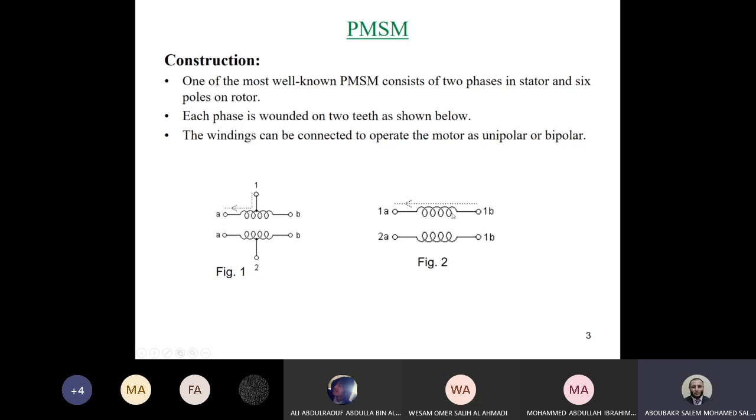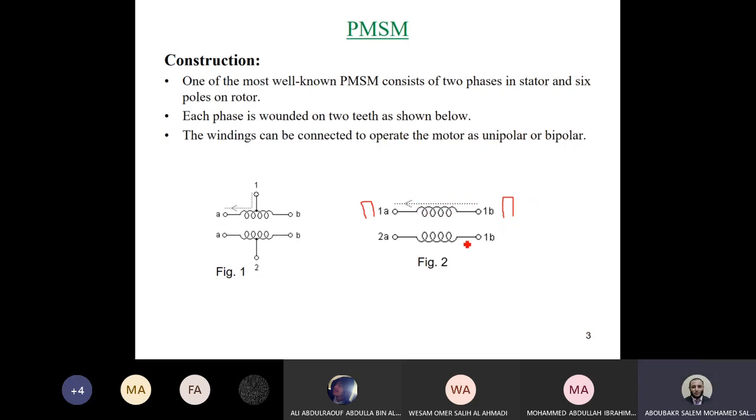This means if we have a tooth at this portion here, this tooth can be N or S, and the tooth for the other part of the coil, or the end of the coil, can also be N or S, because the current can be reversed.